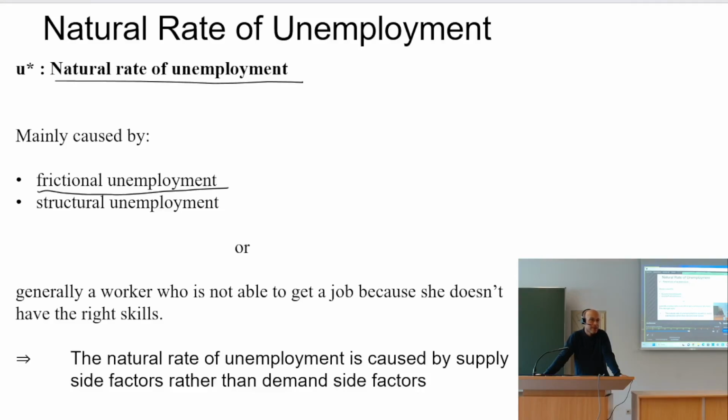Maybe they are well educated, but not in that way that they have abilities we still need. This could be a problem in the future because of the digital transformation, that many kinds of work we will not need in the future, but of course we will need other abilities. For this, it could be the case that we have so-called structural unemployment.